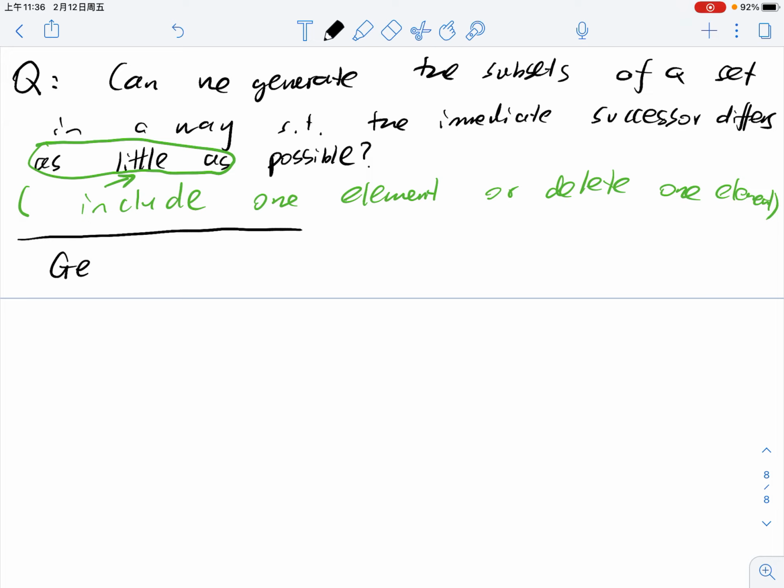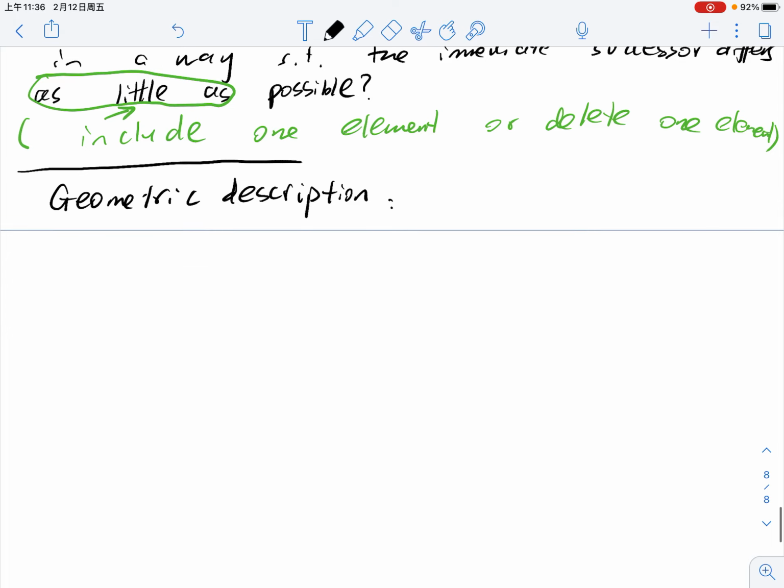Next, we give a geometric description, which relates the requirement for the algorithm to a geometric picture. First, if you have one element, then you have two subsets, let's denote 1 and 0.